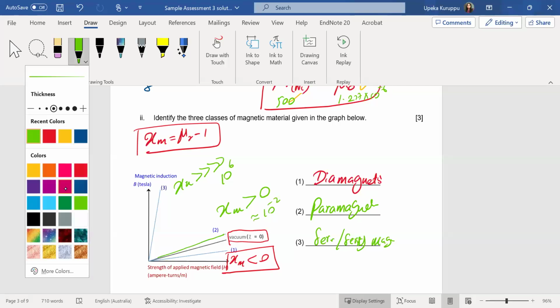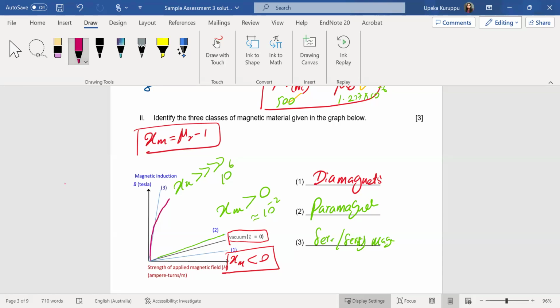So what is the importance of these ferri and ferromagnets? We can't describe them with a straight line. Do you remember? B and H are not proportional. So they go like this, and when you discharge, they go like this, and they will be like this. We call this the hysteresis loop.